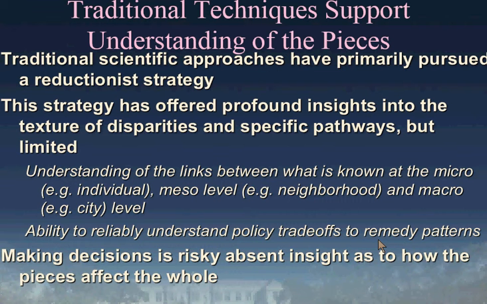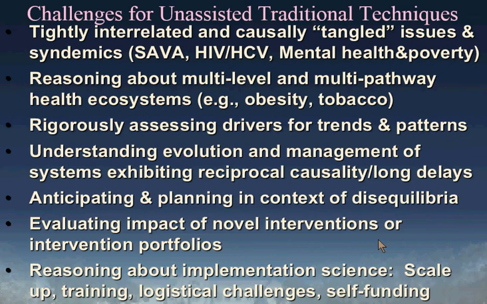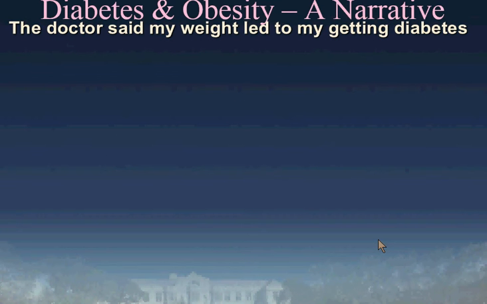We need to go beyond an understanding of each piece and understand how those pieces interact effectively to yield the whole. And the fundamental realization here is that these pieces interact in ways that are not always obvious. And if we go from condition to condition, we'll see the evidence of this.